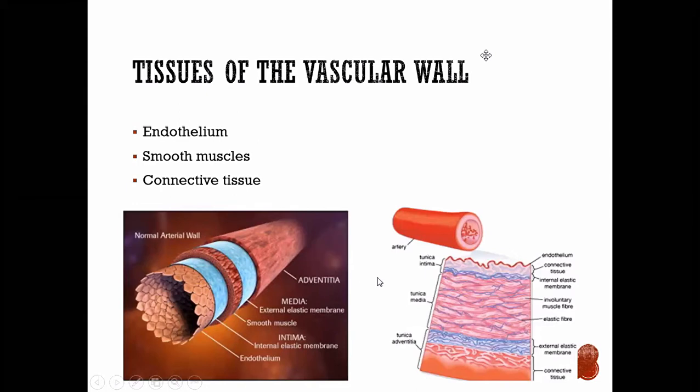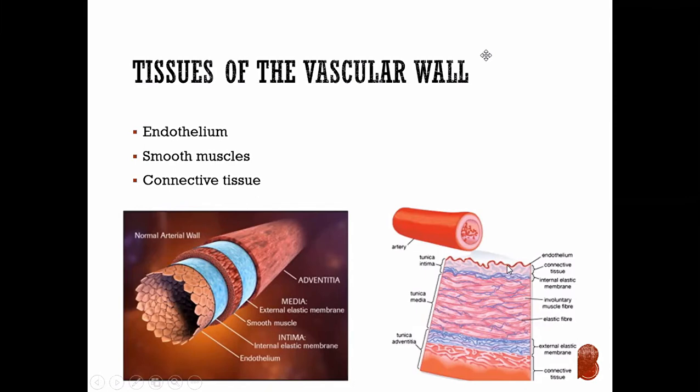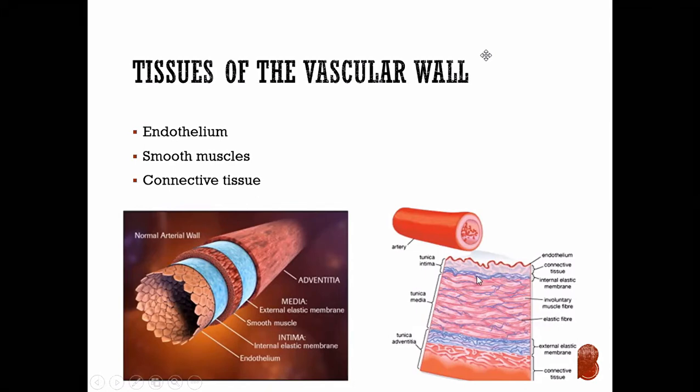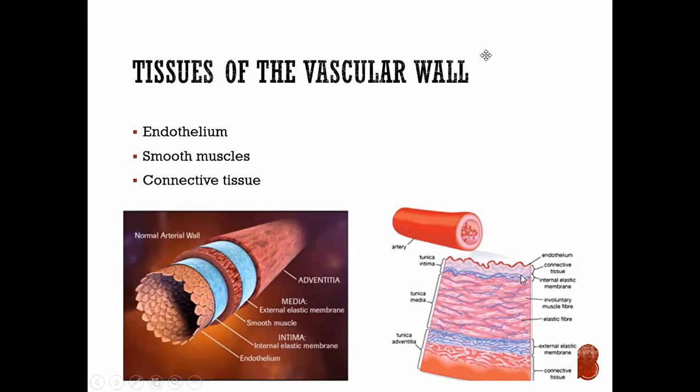So here you will have your tunica intima, this single layer of cells. That would be your endothelium, the same as in the heart. And then you have the connective tissue, and then you have your internal elastic membrane, or you may call this the internal elastic lamina.